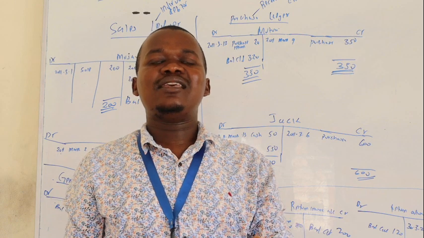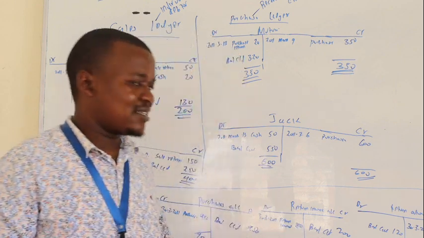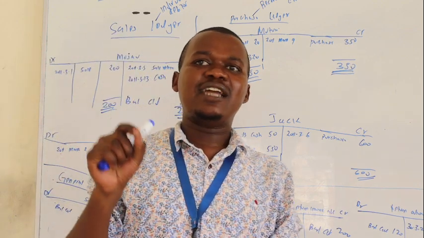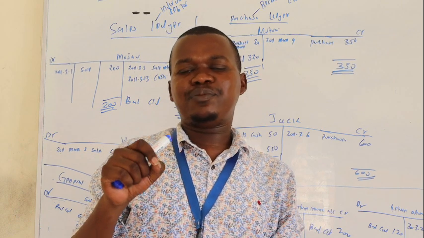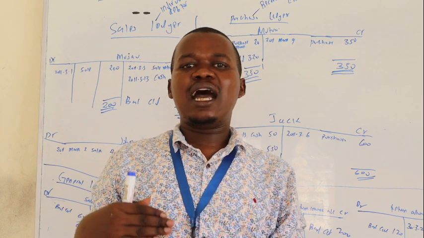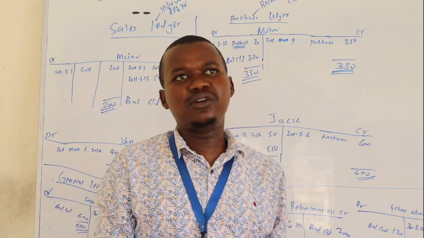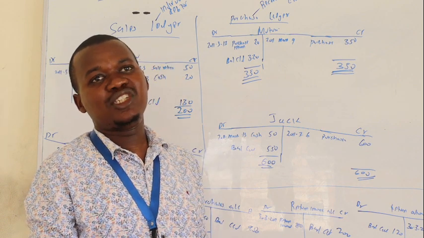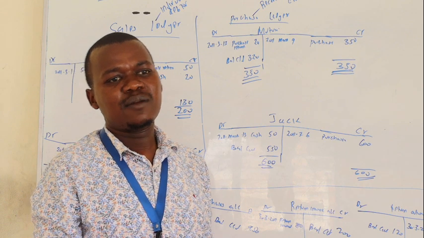So trial balance is our next step, whereby we are going to take the balances to the trial balance to see whether we have done proper journalization, proper entries. Then from there we shall proceed to the final statements, because that is where we shall prepare the balance sheet and the income statement.